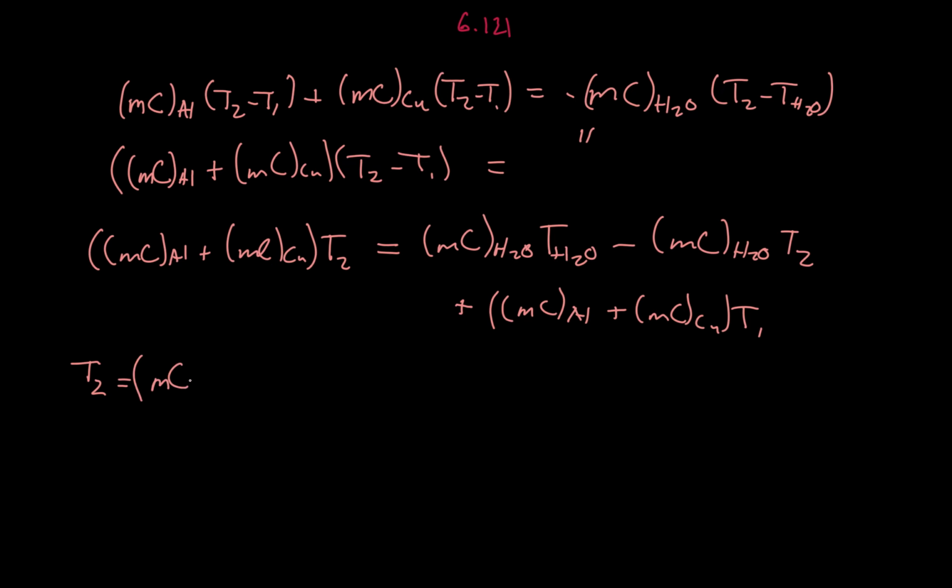So we have mass and capacity of aluminum plus mass and capacity of copper plus mass and capacity of water. Oh, whoops, there shouldn't be equal signs there. Sorry, let's rewrite this bit. That is just T2.